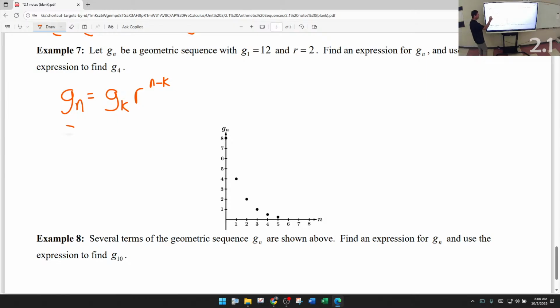G sub n equals G sub k, which is G sub 1, R is 2, n minus k, k is 1. And G sub 1 is 12.